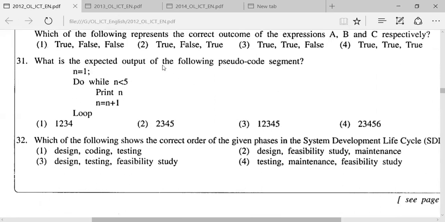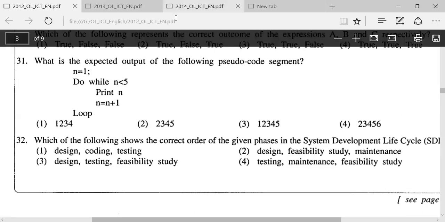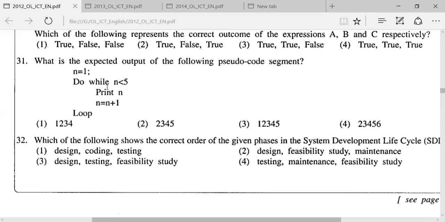Question number 31. What is the expected output of the following pseudocode segment? n is equal to 1, do while n less than 5, print n, n equal n plus 1, loop. So you can find out the answer as soon as possible. While n less than 5, n is equal to 1. 1 less than 5, true.